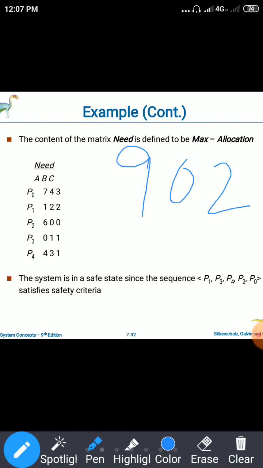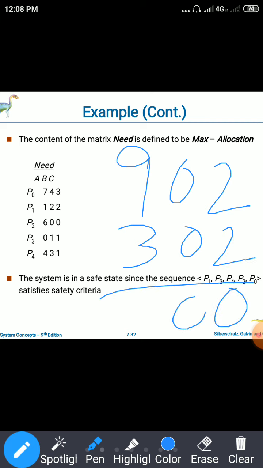What is the maximum requirement for P2? It is 902. And what is the current allocation? The current allocation is 302. Now what is the need? 2 minus 2 is 0, 0 minus 0 is 0, 9 minus 3 is 6. So 600 is the need of resources for P2.